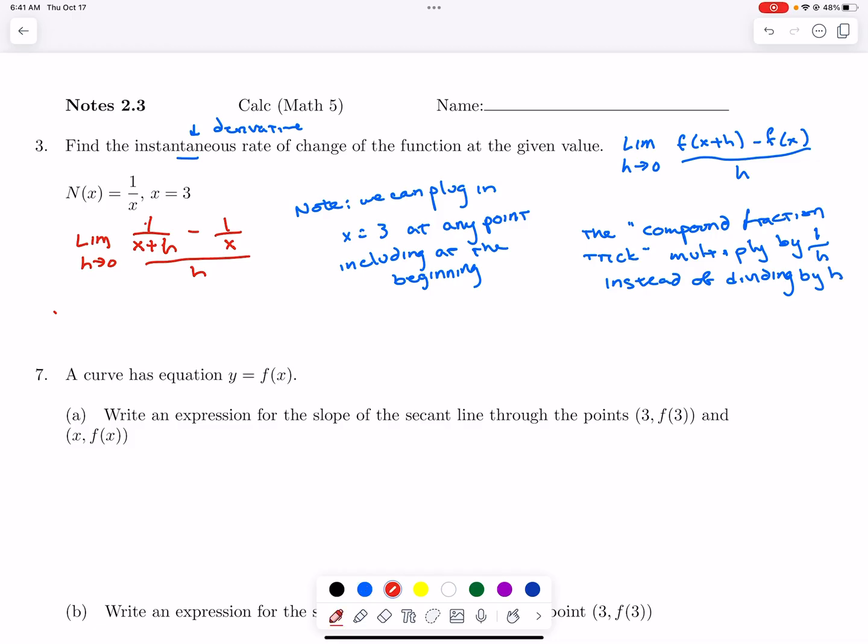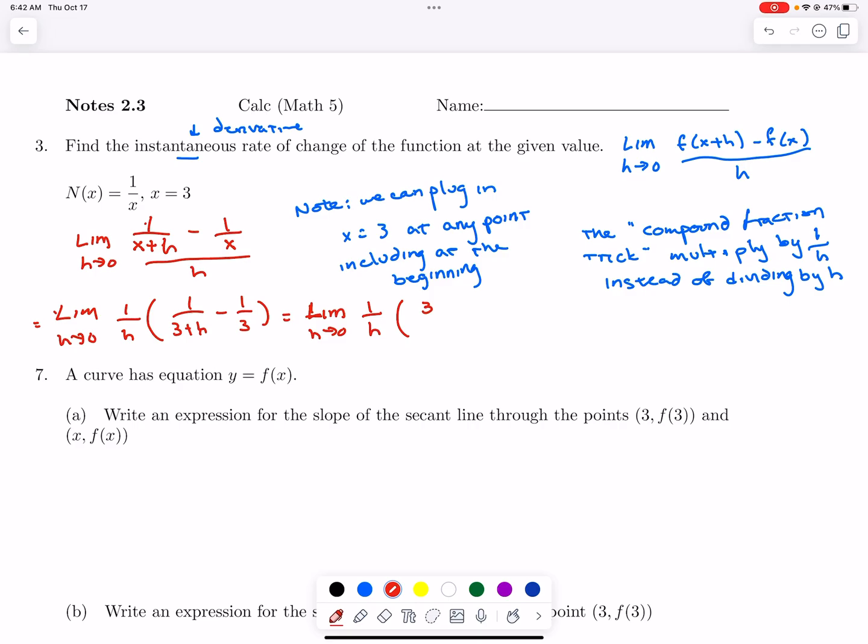Okay, so the common denominator is 3 plus h times 3.